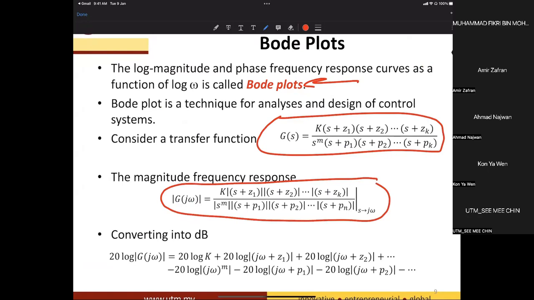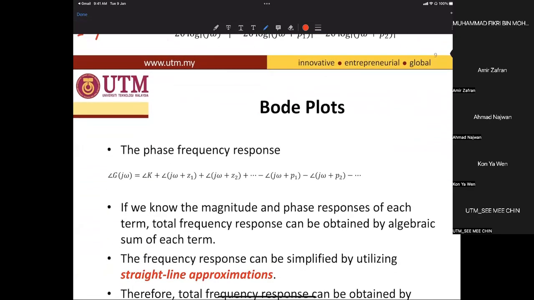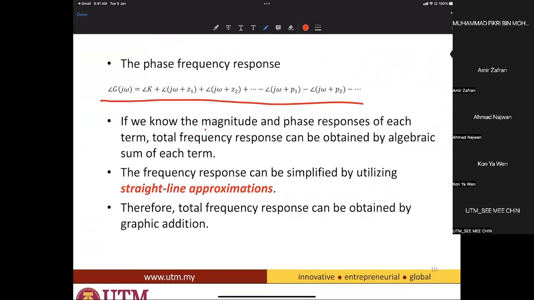Then we convert into decibels, 20 log |G(jω)|, and the phase frequency. If we know the magnitude and the phase response of each term, the total frequency response can be obtained by the algebraic sum of each term.